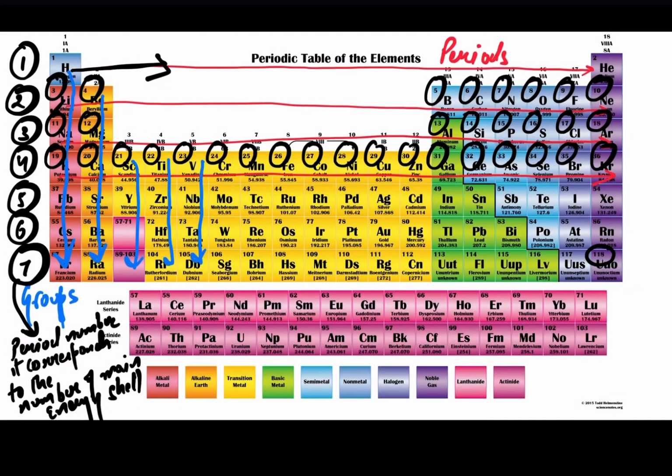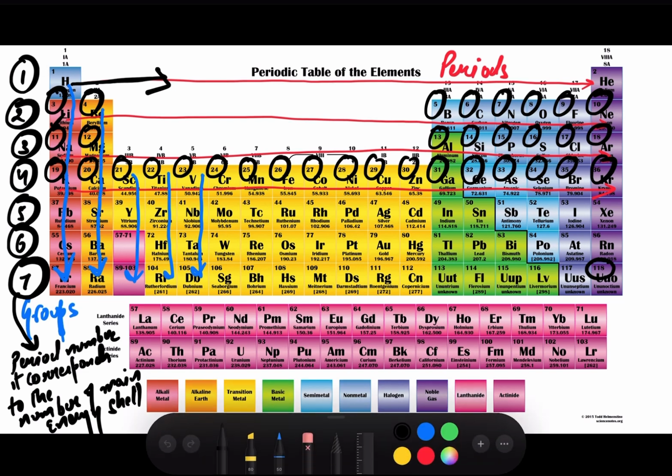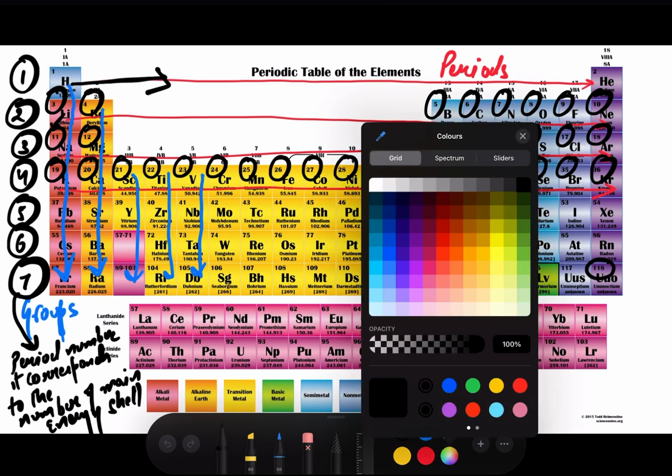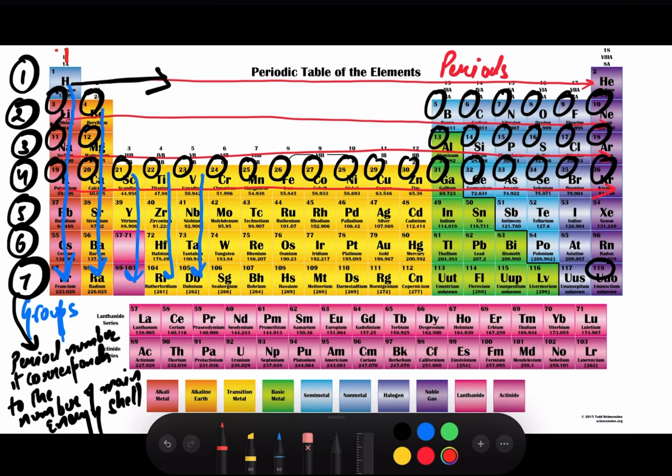One thing more. How many groups are there? Now let's talk about the groups. That's the group number 1: the hydrogen, lithium, sodium, potassium, rubidium, cesium, francium.